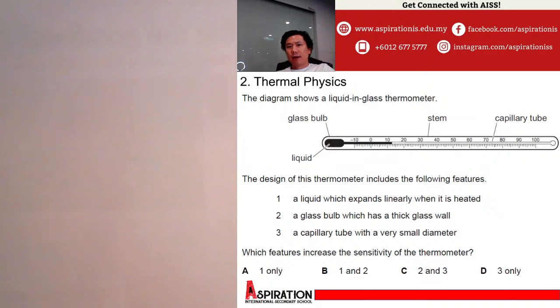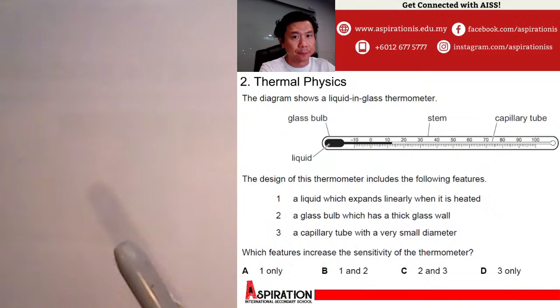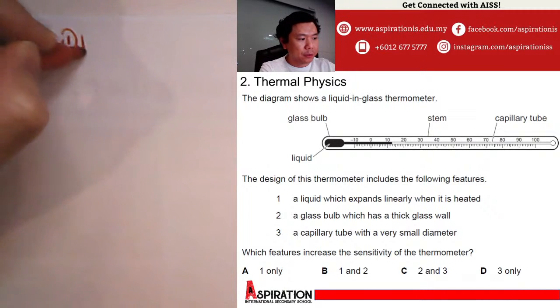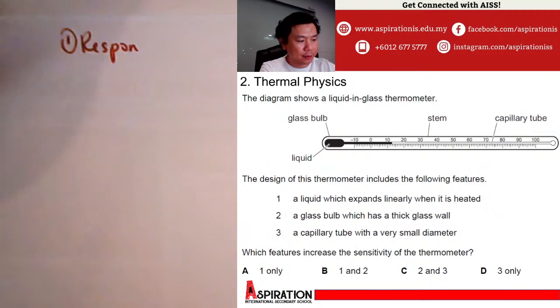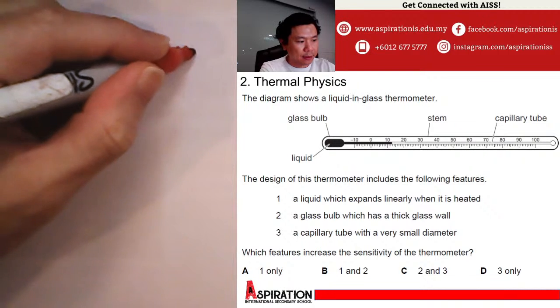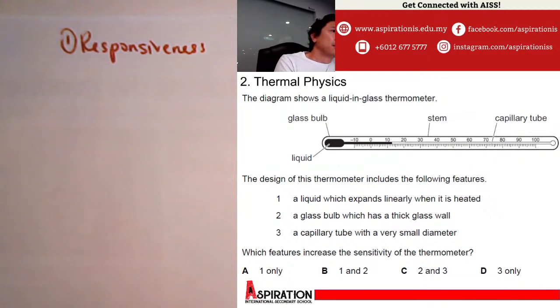Now, the features of a liquid in glass thermometer. Number one, it is responsiveness. Responsiveness is what many students think is sensitivity. It's not sensitivity.